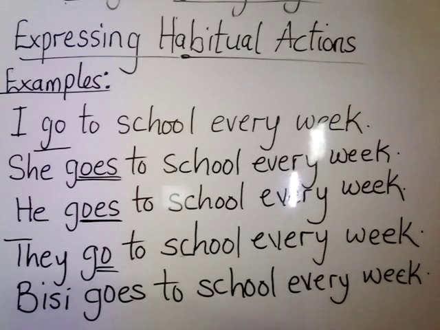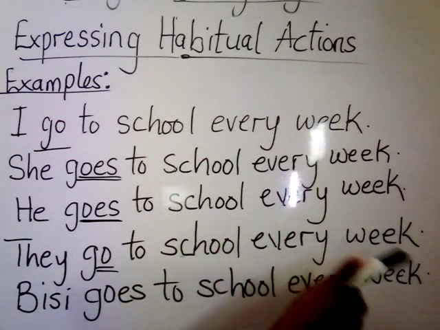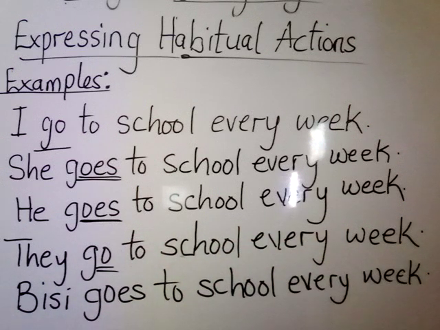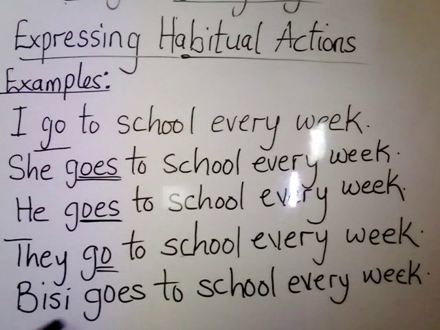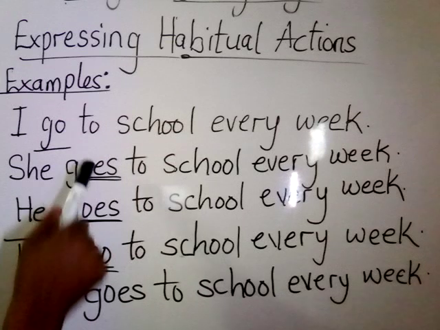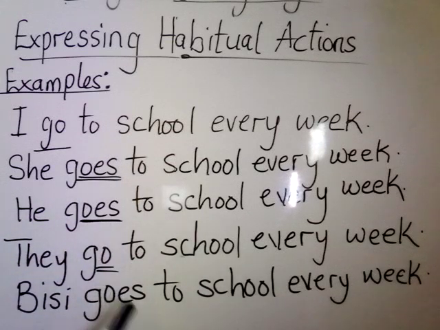They go to school, or Bisi and Bosse go to school every week. And here we have just only one person, and that is Bisi. So you say Bisi goes to school every week. I'm just trying to bring out names so that you also know that whether it's a she or he or it's actual names, as long as it is one person, the verb has to be singular verb, the one that goes with s. He goes to school.